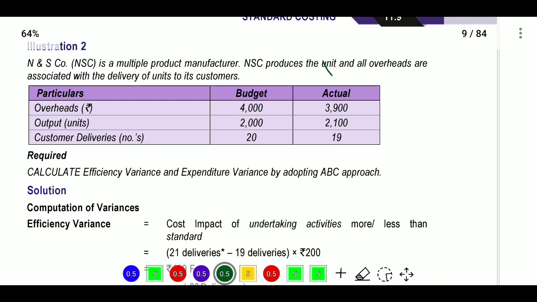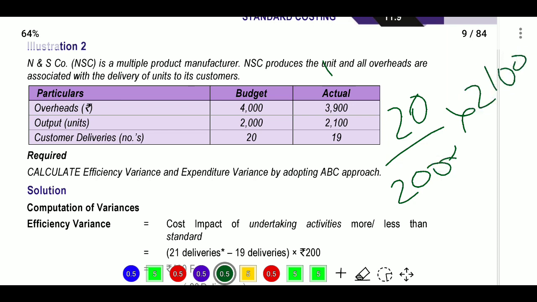For 2000 units there are 20 deliveries, so for 2100 units, what will the customer deliveries be?